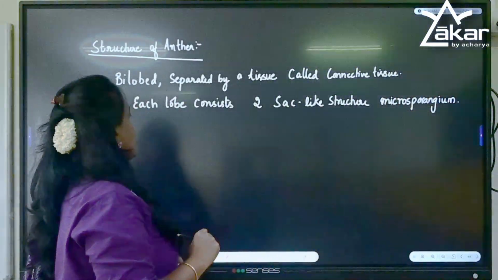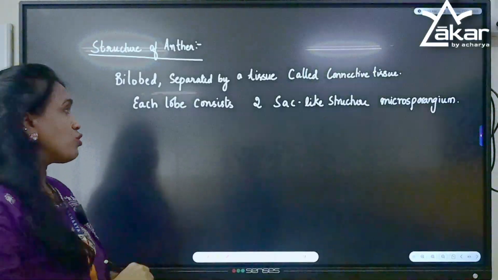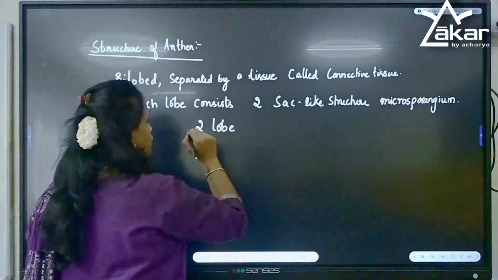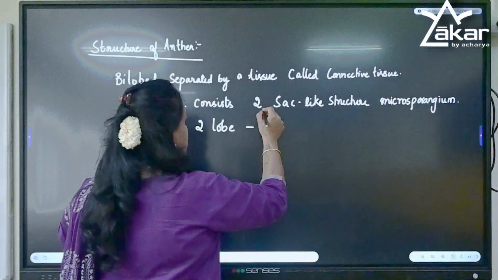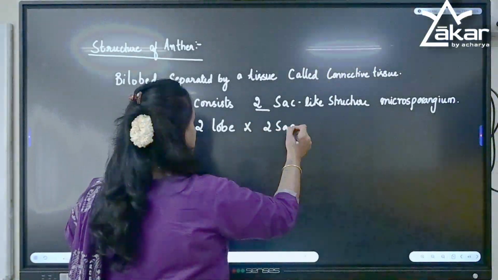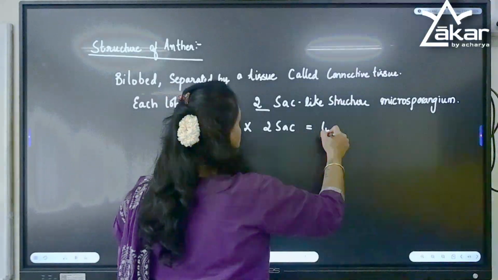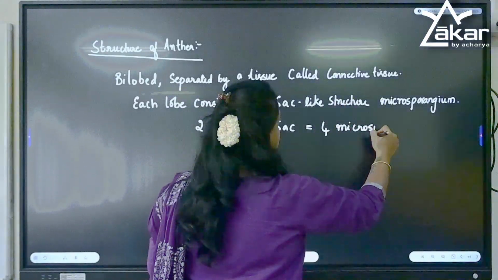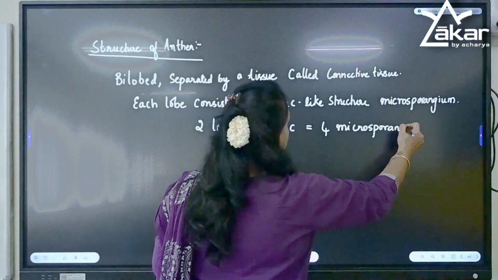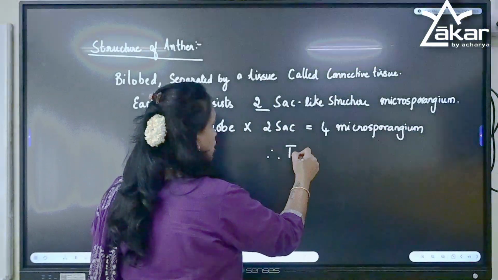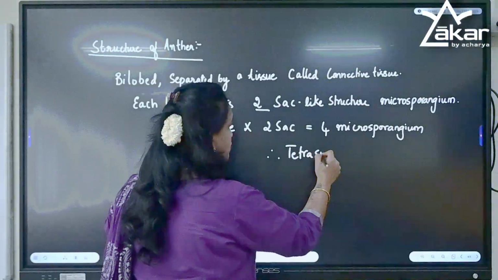Okay, so each lobe consists of two sacs. So totally two lobes we have: lobe 1 and lobe 2. So 2 in 2 sacs, right? We have to multiply. Then how many sacs will be present? 4 sacs. Okay, 4 microsporangia. So hence it is also called tetrasporangiate.